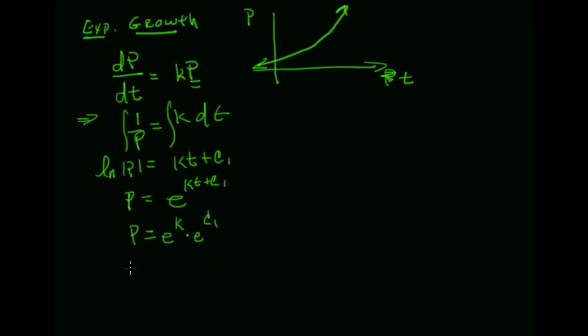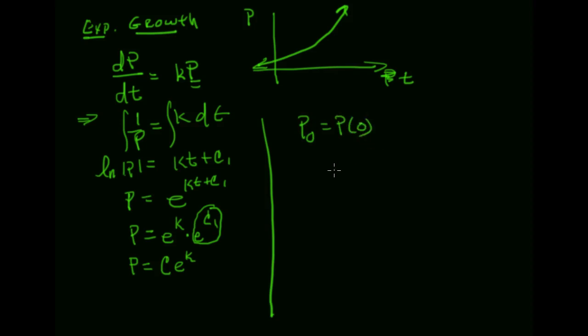Now, here's an interesting note. This e to the c1 is a constant. So I can make this p equals some constant times e to the kt. Now, that constant is actually a very specific constant. And here's how this works out. Let's say that p sub 0 is the value of p at time 0.